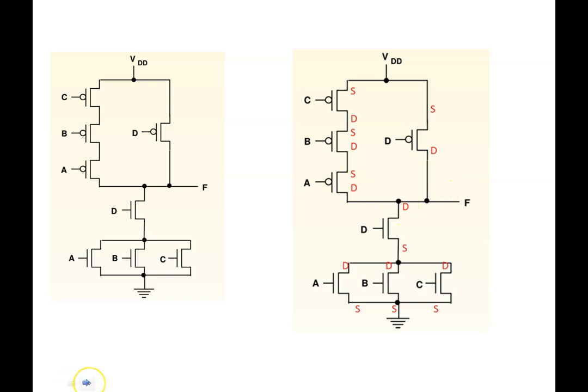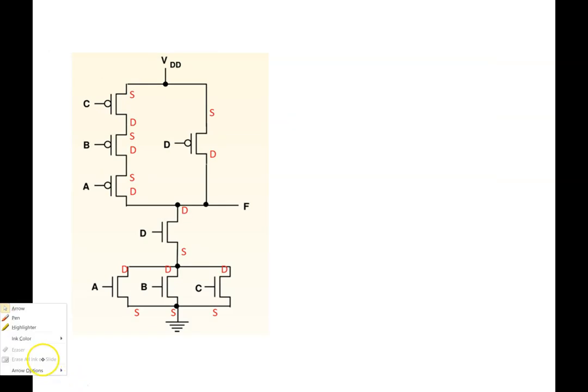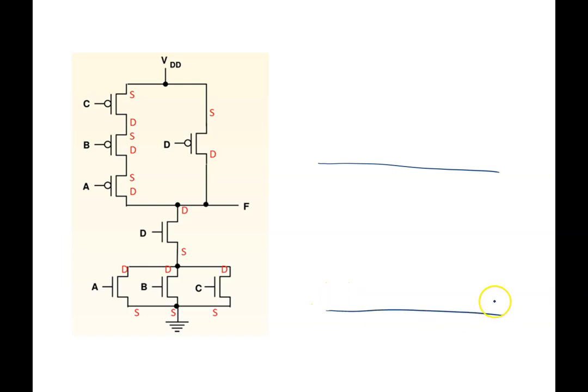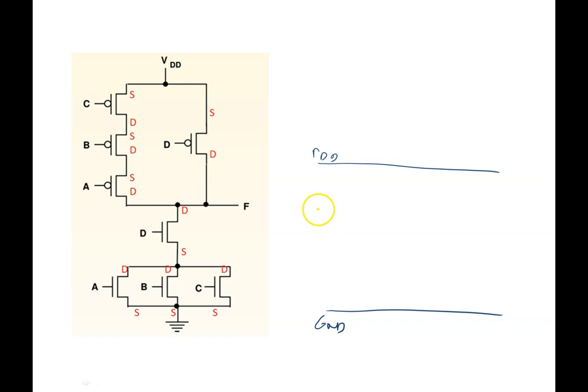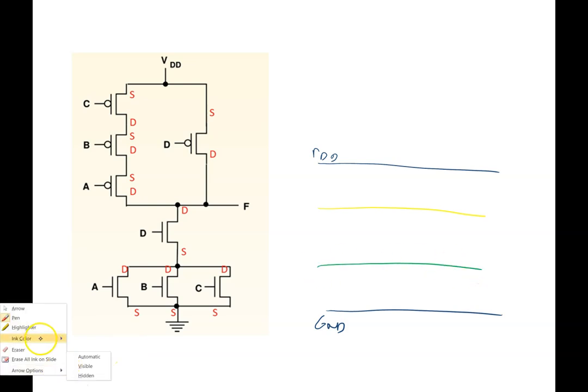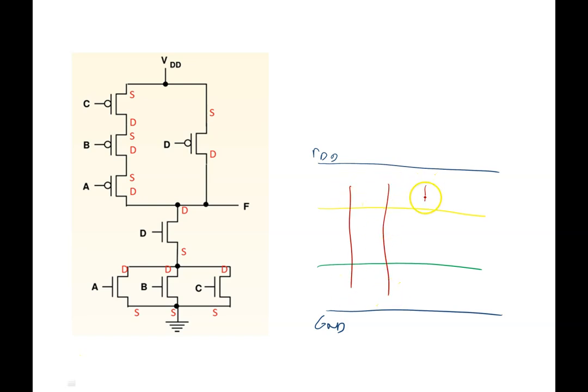Now let's see how we can draw this thing. There's gotta be 4 transistors. So I have the 4 poly lines. So once I have these active areas, then I can just put that poly.